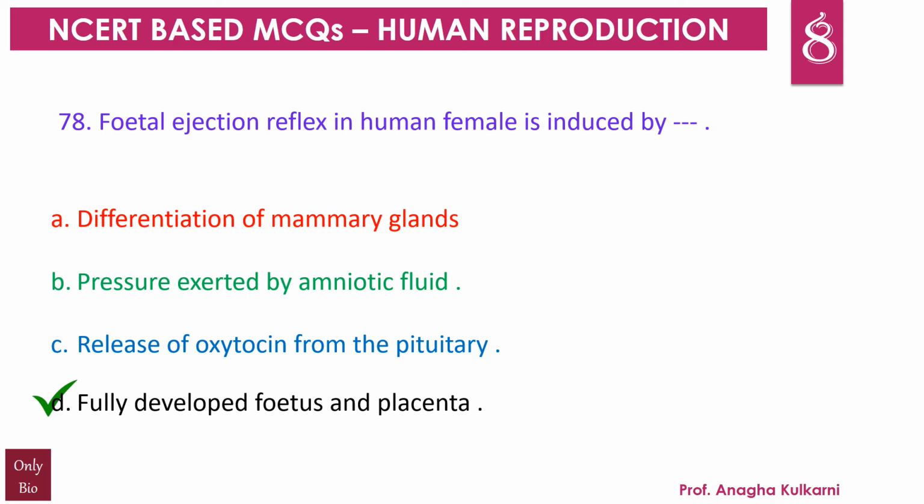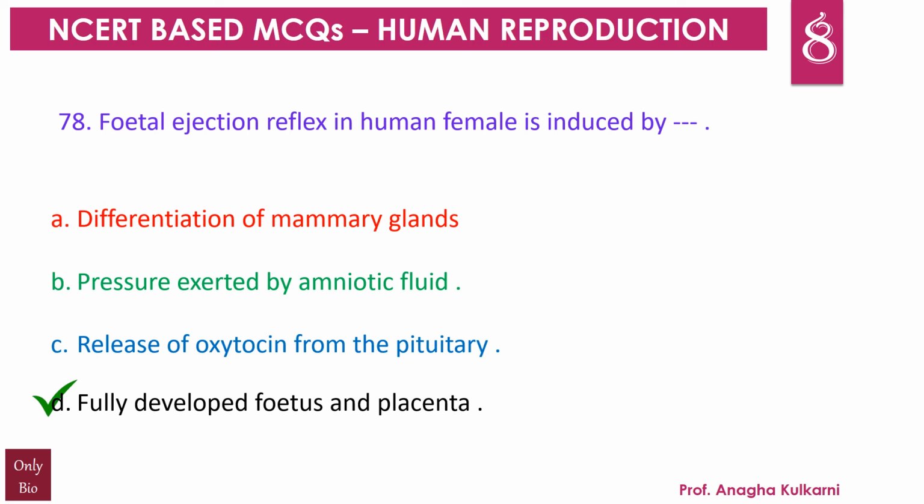Friends, parturition is an induced and a very complex mechanism which involves both the nervous and the hormonal system. In this, the signals basically originate from a fully developed fetus and the placenta itself. Because of this, it leads to mild uterine contractions, and this brings about the fetal ejection reflex.